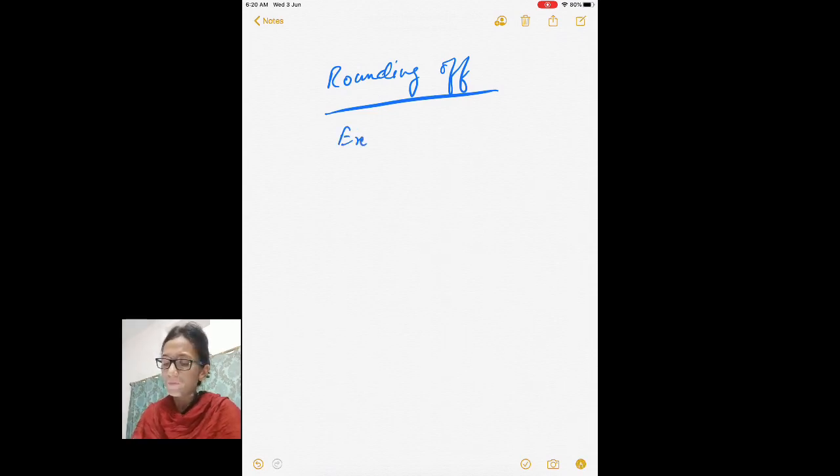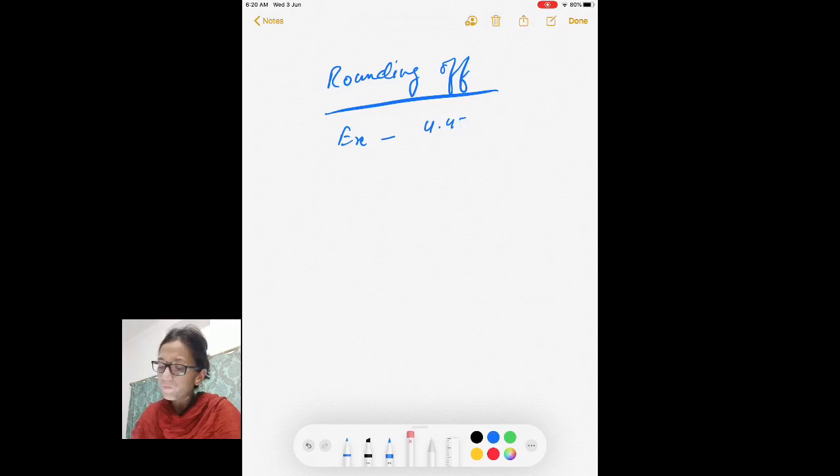Suppose you have a measurement 4.372 centimeter, and you have to round off the last two digits. You have to round off 7, and 7 is greater than 5.